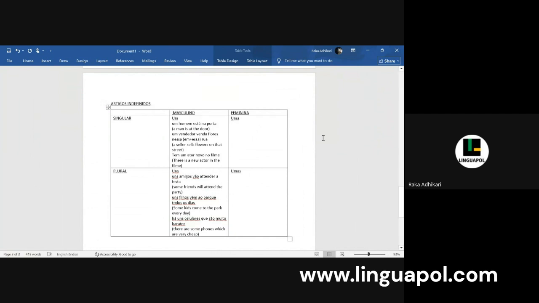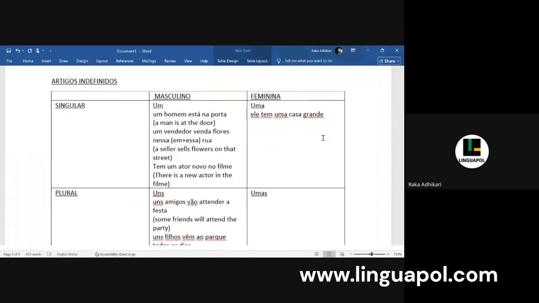Let's see some indefinite with the feminine ones. Example. Ele tem uma casa grande. He has a big house.